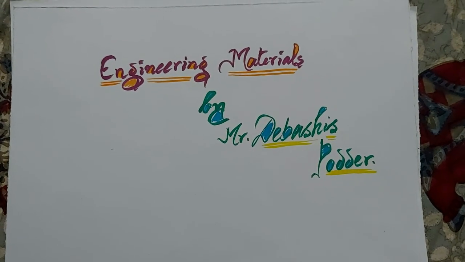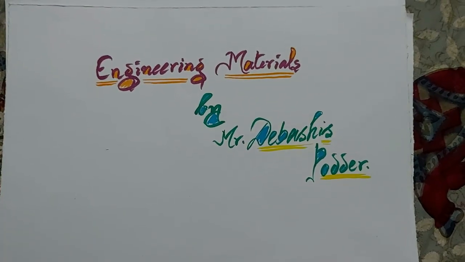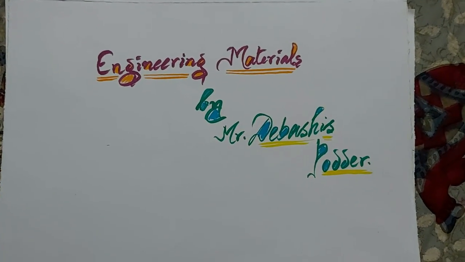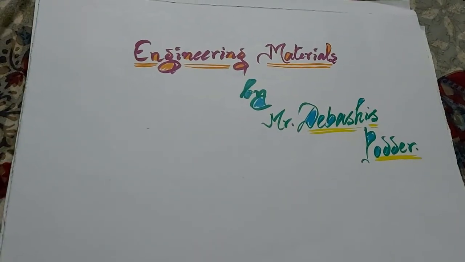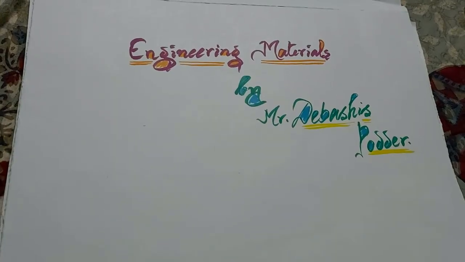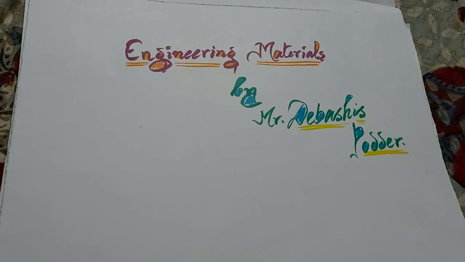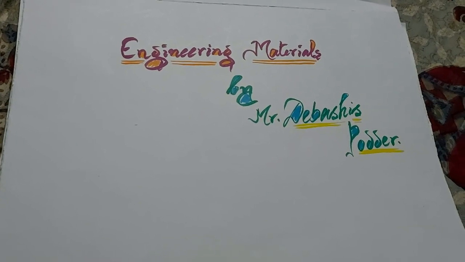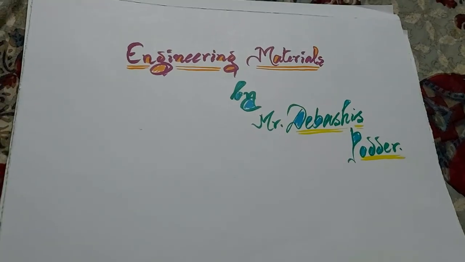Now I will discuss some queries which I get from the comment section of my previous lectures. The first question and second question have been asked by the same person, so I will discuss these two questions together.